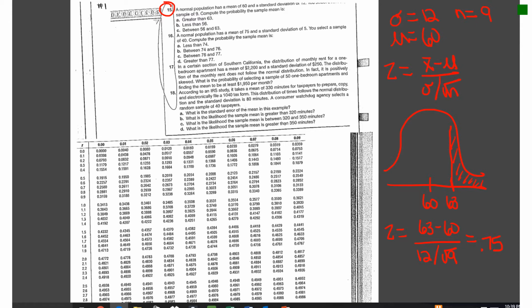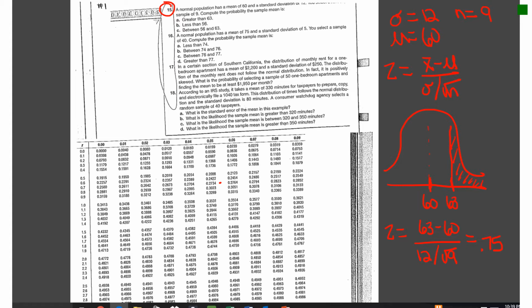So you go to your table, you find 0.75, and of course that gives you 0.2734. But remember, that gives you everything from that point down to the other half of the curve. So to get the answer, you basically have to take 50% and subtract that.